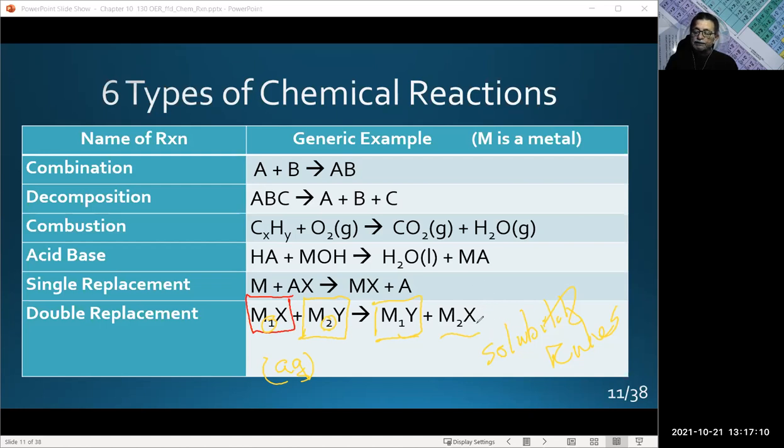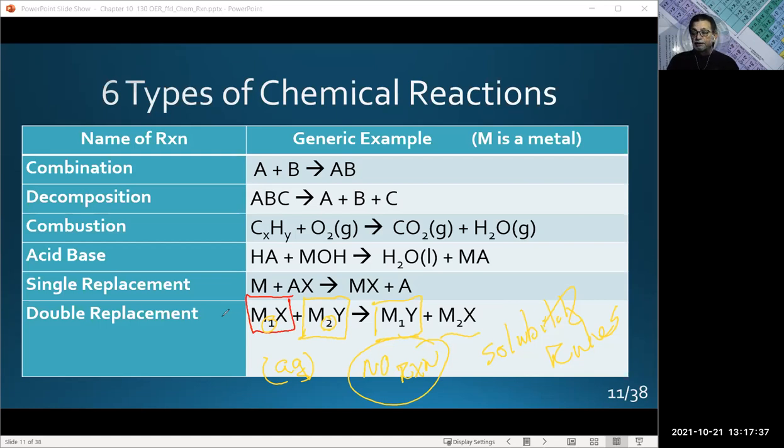If M2X is also insoluble, obviously we get a reaction. If any of these 2 products are insoluble, we get a reaction. If both of the new products are soluble, okay, no reaction. Now, we don't care about the solubility of the reactants, we care about the solubility of the products, okay?